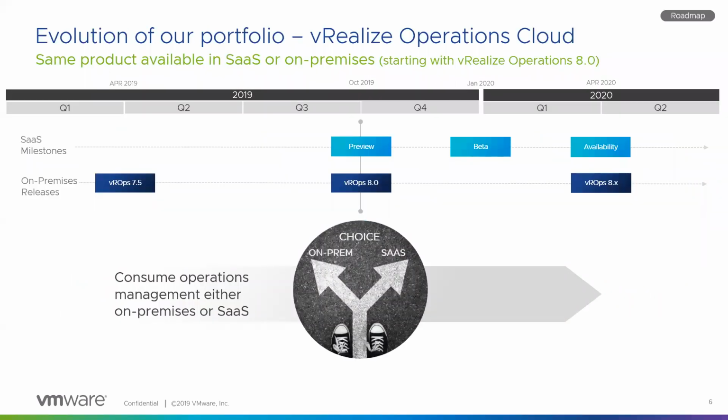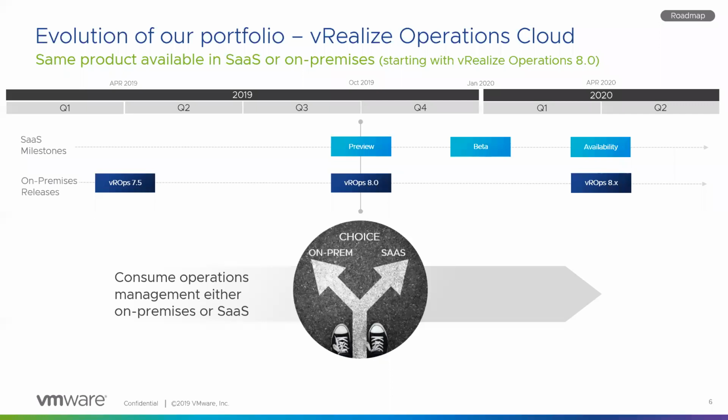Now, our roadmap, kind of forward looking a little bit, not giving you a whole lot of detail here, but we did release 8.0 at VMworld. We actually announced it at VMworld, and then we released it a few weeks later. And at the same time, we announced that we're launching a cloud version.